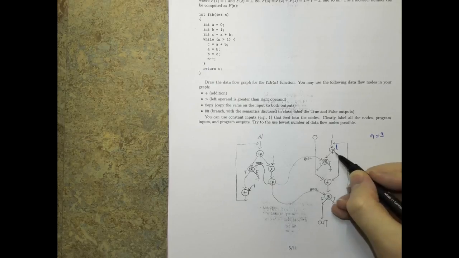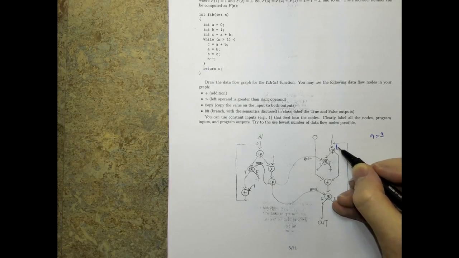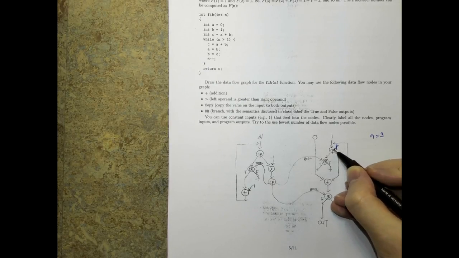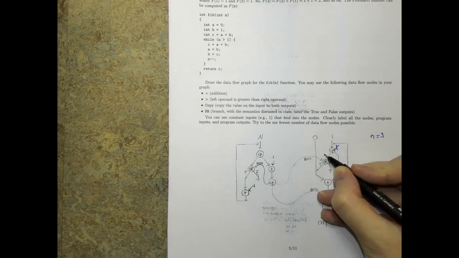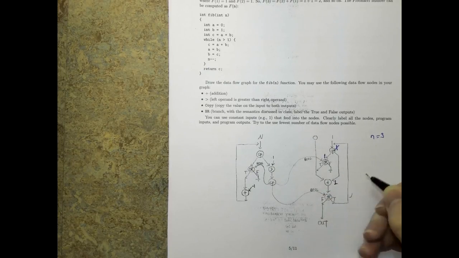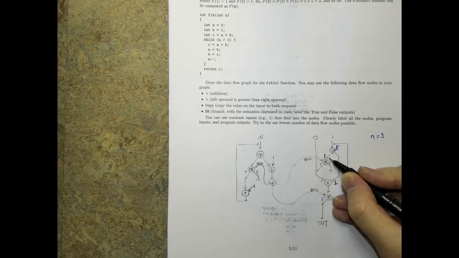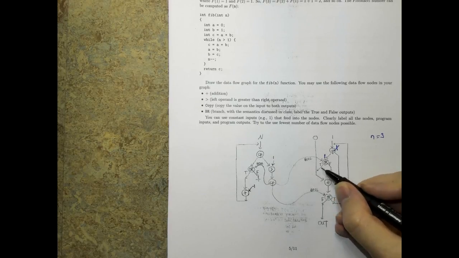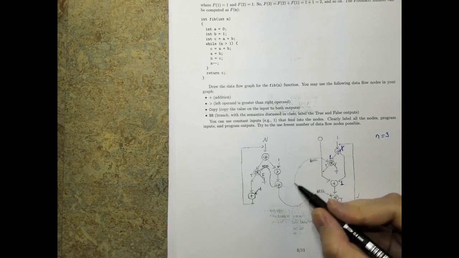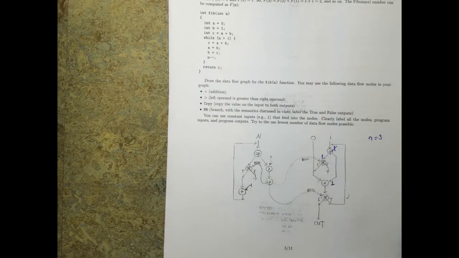Okay, so here we have a copy node with all inputs ready, right? So we consume this value and copy it here and here. Now this branch has one of its inputs ready, but the other one is not ready, right? So we need to have something here on this wire.